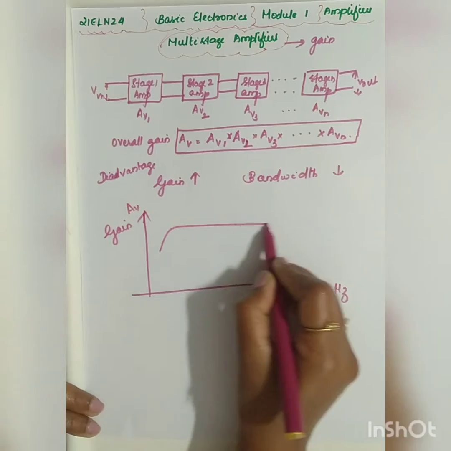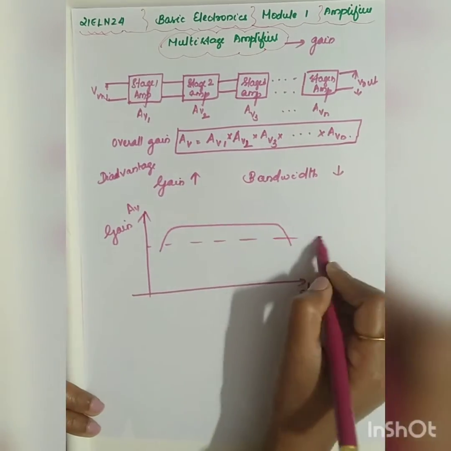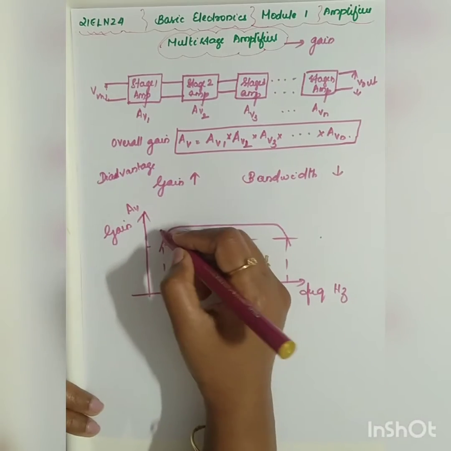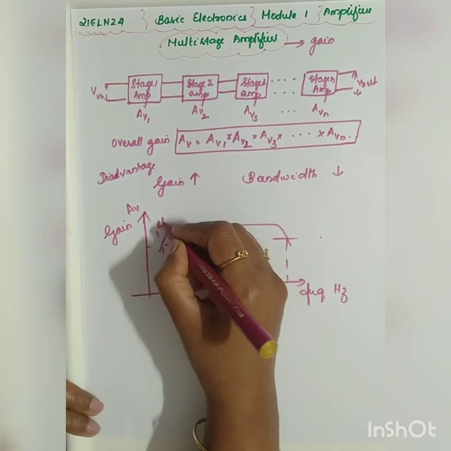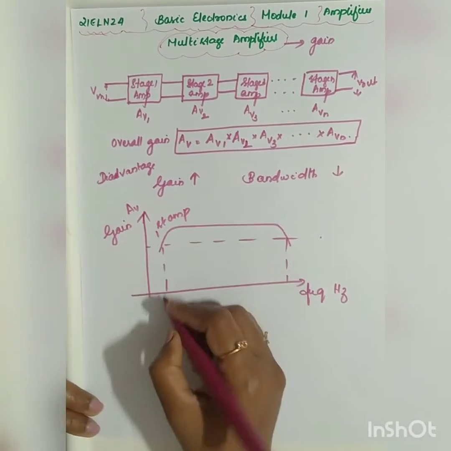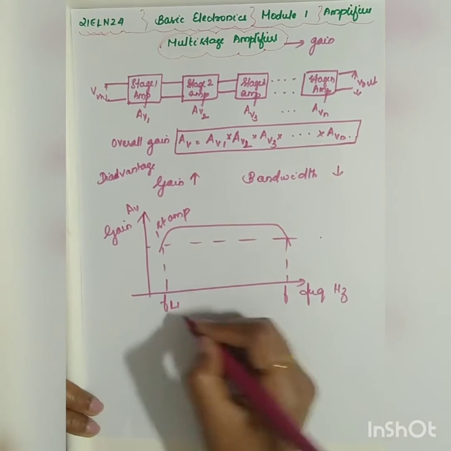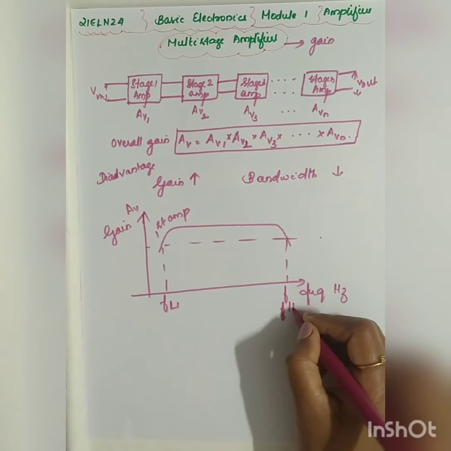If this is the gain or frequency response of your first amplifier stage, I take this as FL1 and FH1.